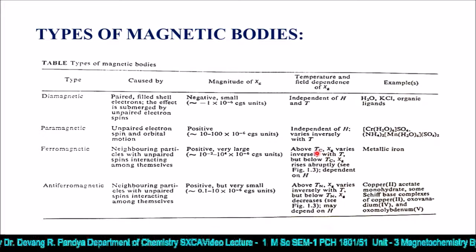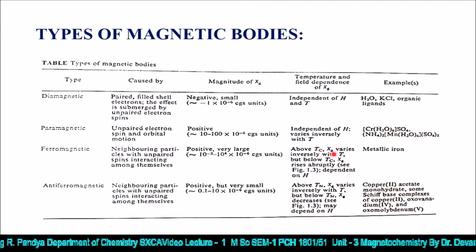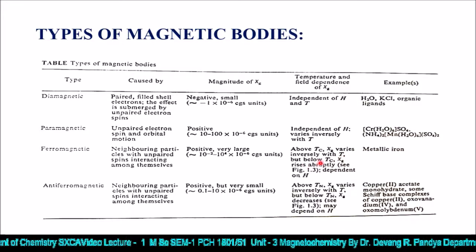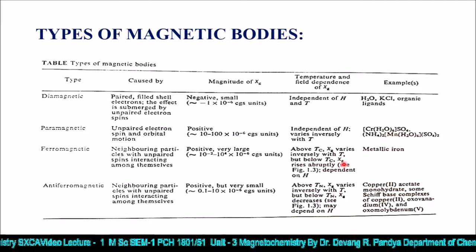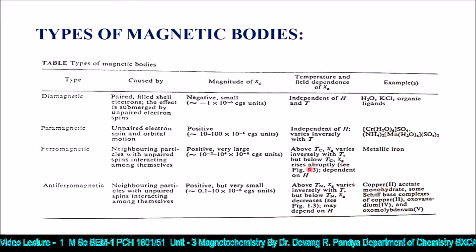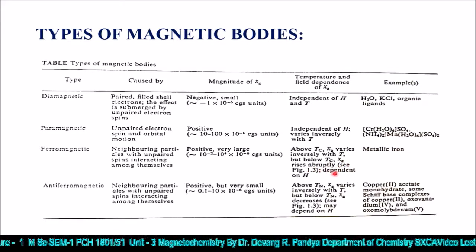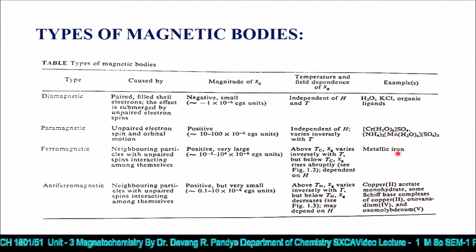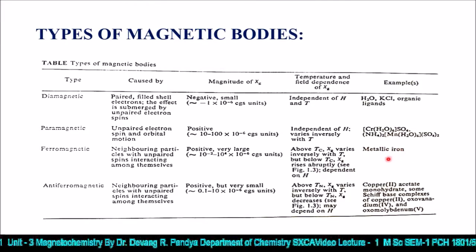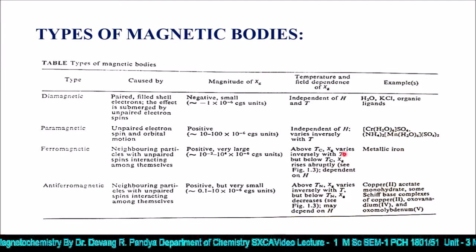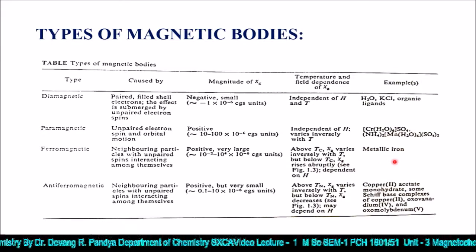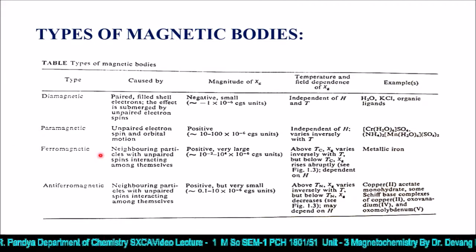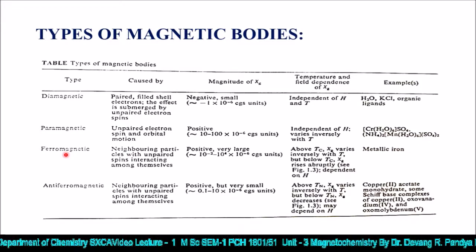Above the Curie temperature, the magnetic susceptibility varies inversely with temperature T, but below the Curie temperature, the gram magnetic susceptibility rises abruptly and is dependent on the field. The best example is a metallic iron piece, which acts as ferromagnetic. So if you put an iron piece into a magnetic field, that iron piece itself acts as a magnet, which indicates ferromagnetic behavior.